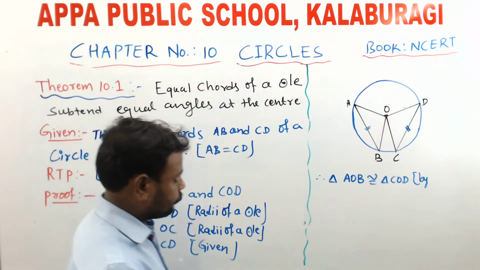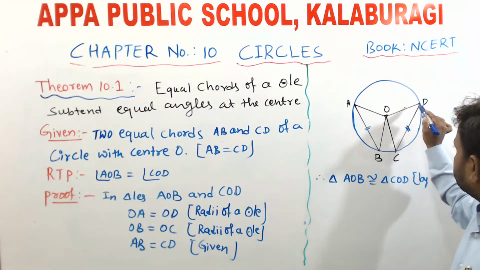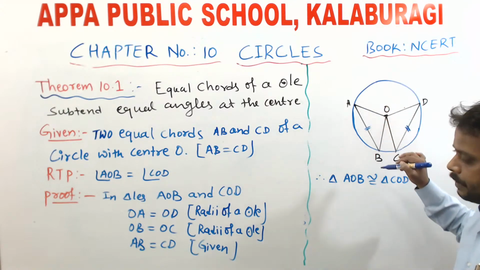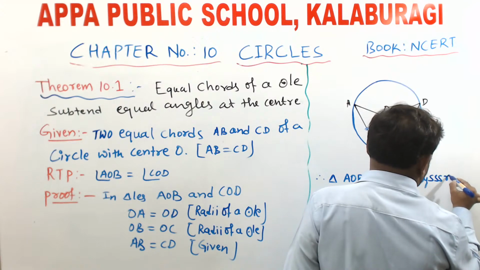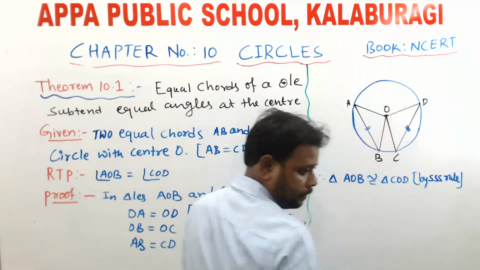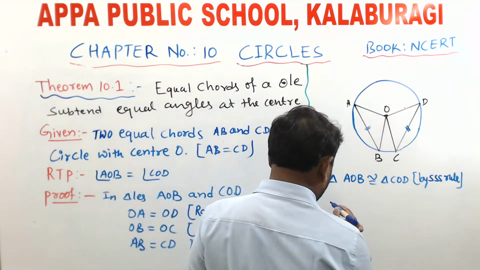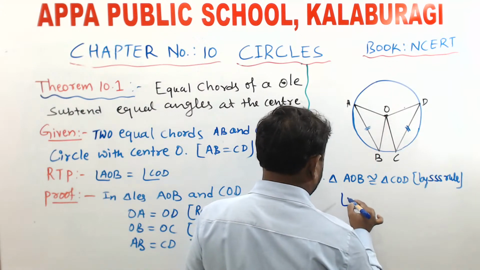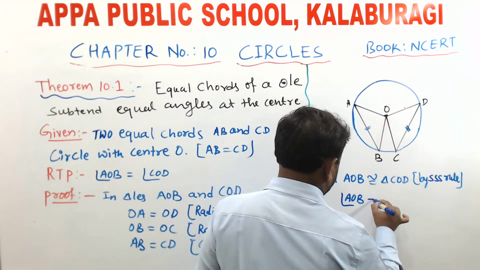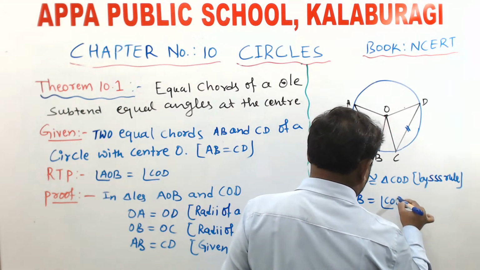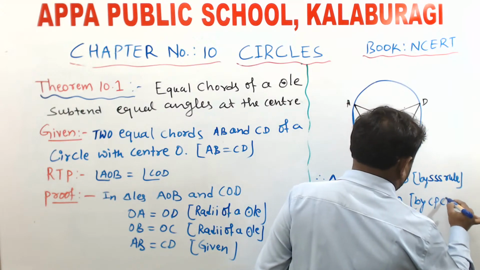So here, side, and this side, by SSS rule. By SSS rule. So you can write it. Therefore, angle AOB is equal to angle COD by CPCT. Corresponding parts of congruent triangles are equal.